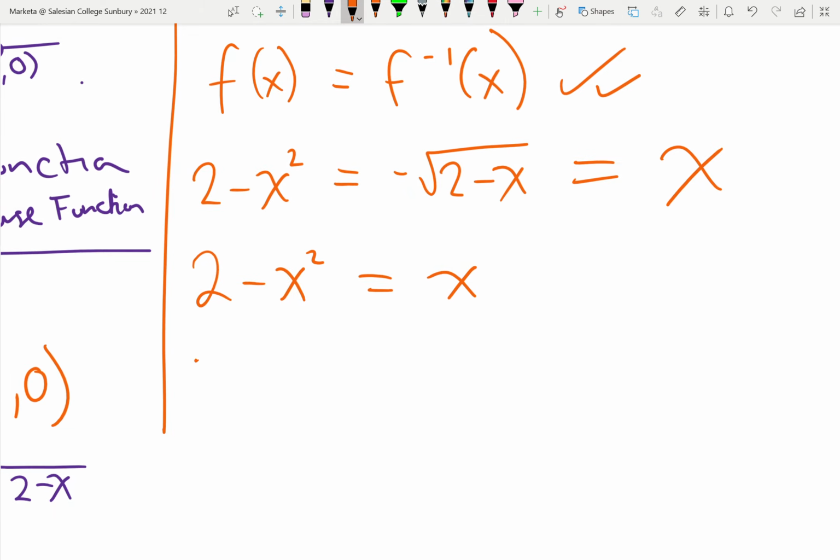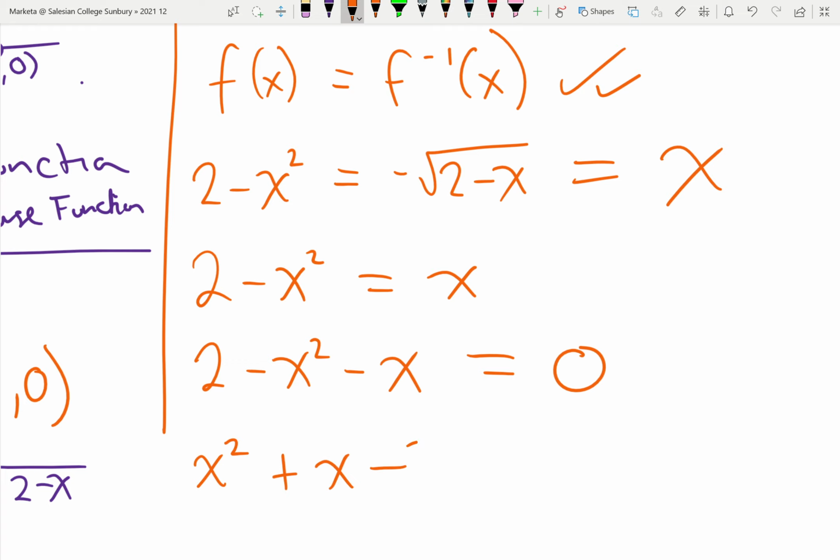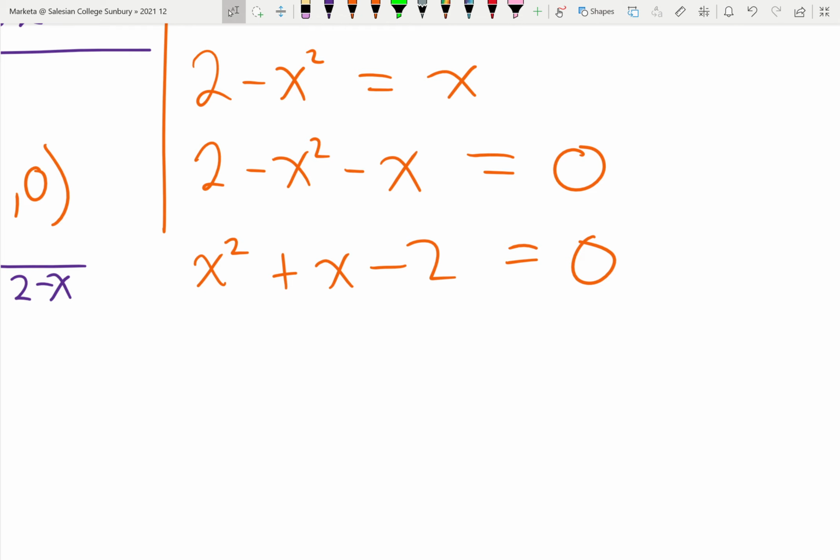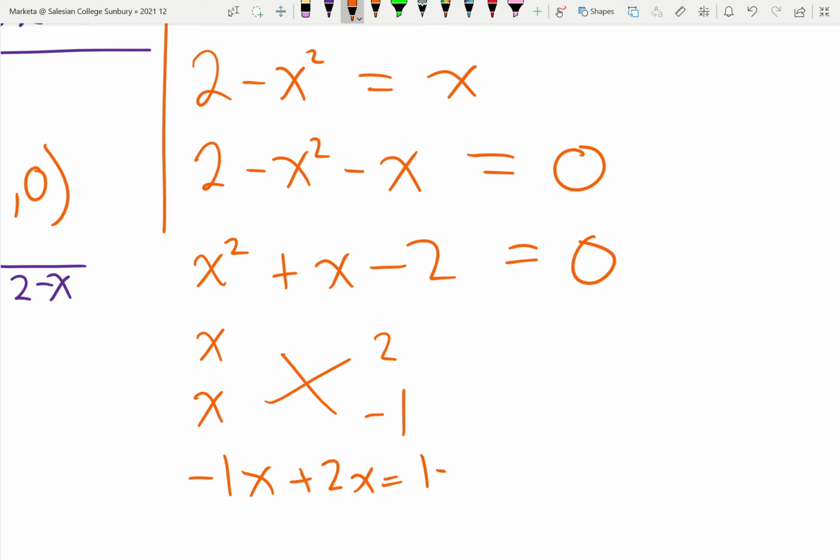And then, well, 2 minus x squared minus x equals 0 gives me, well, let's put it on the other side so they're positive, x squared plus x minus 2 equals 0. And I can now just do cross multiplication, which gives me 2 times negative 1. So negative 1x plus 2x equals 1x. And yes, that is our middle term.